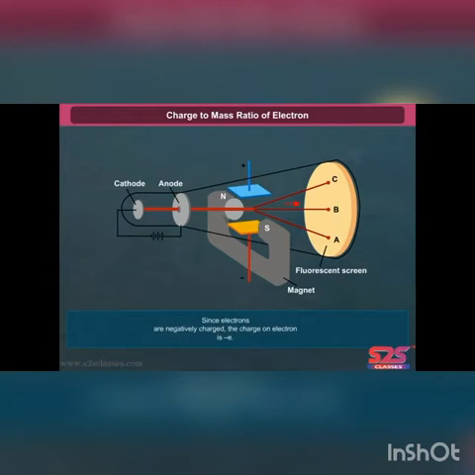Since electrons are negatively charged, the charge on electron is minus e.